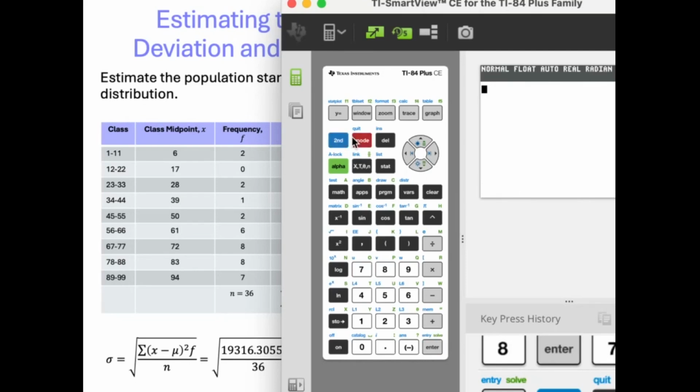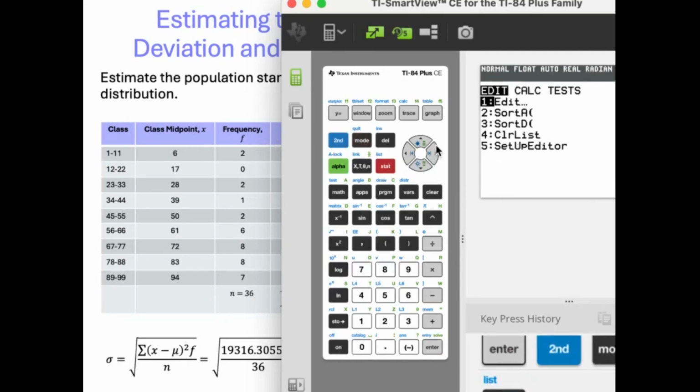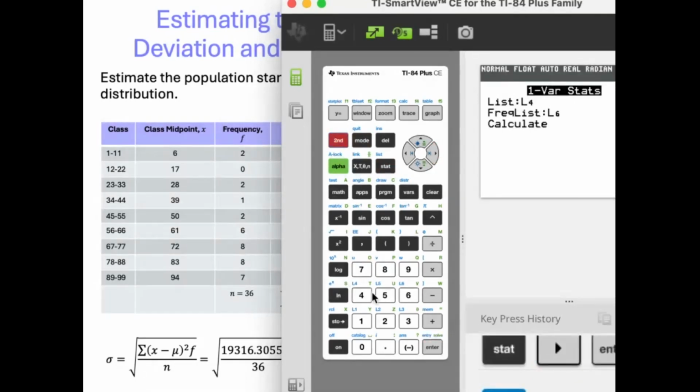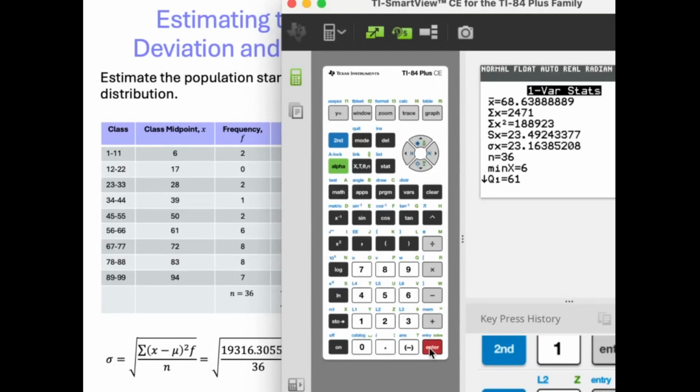And we quit out of there, and we're going to go back to Stat, and we're going to do Calculate. One variable statistics. Now I'm using list 1 and list 2 again. So L1, L2, enter. And so we can see that we have that sample mean, which is the same again as our population mean in this case.